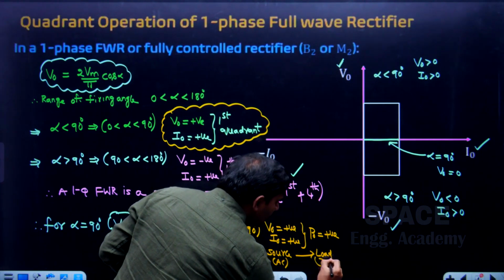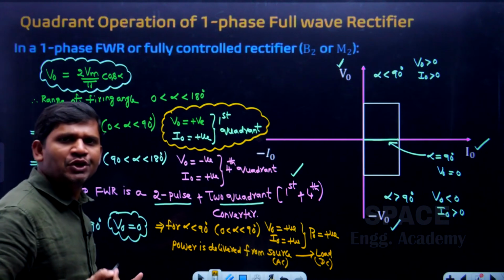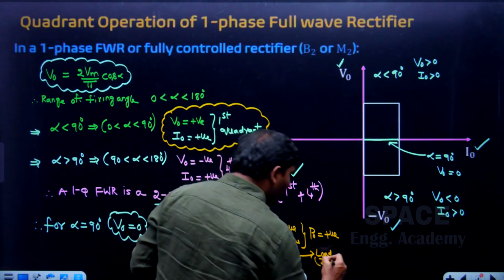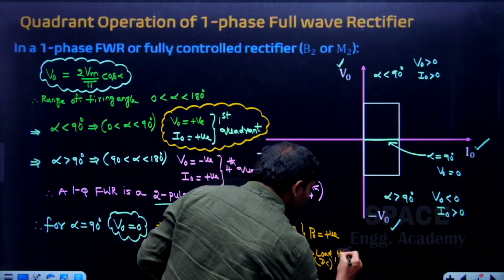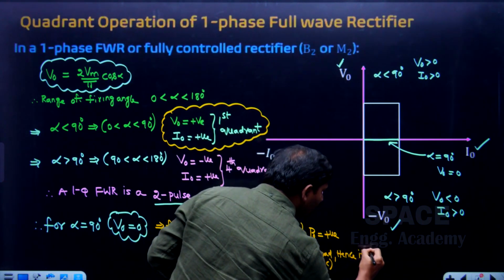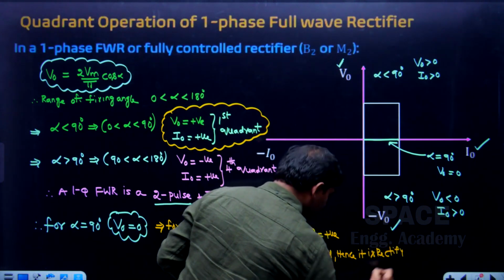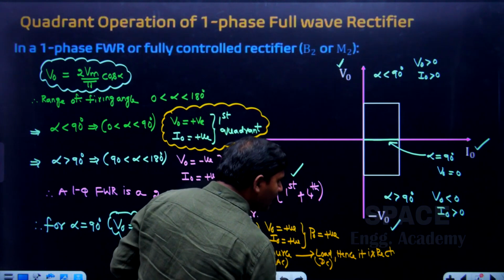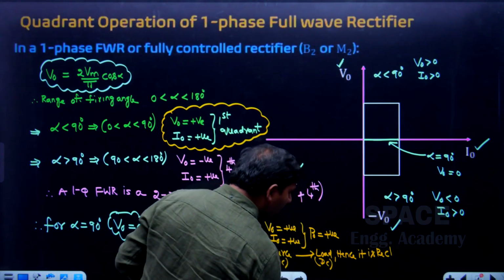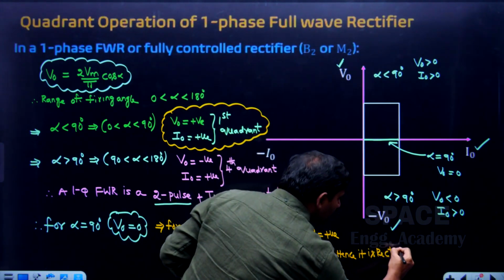That is, power is delivering from AC to DC, hence it is rectifying mode. Why is it a rectifying mode? Because the power is delivering from AC to DC.